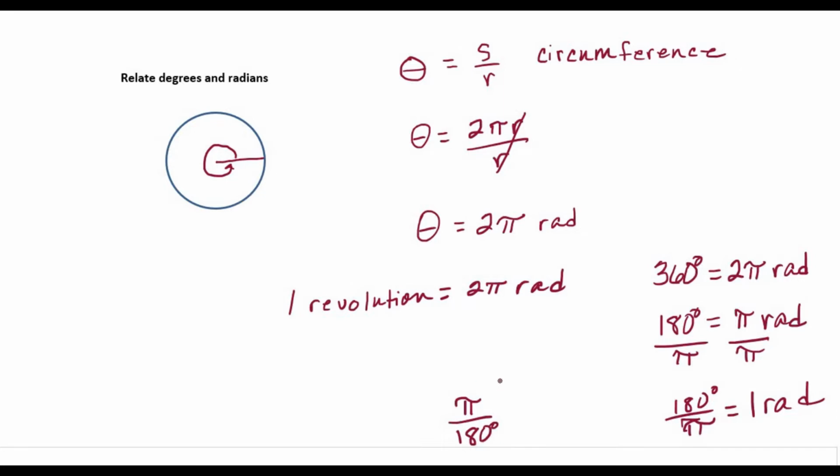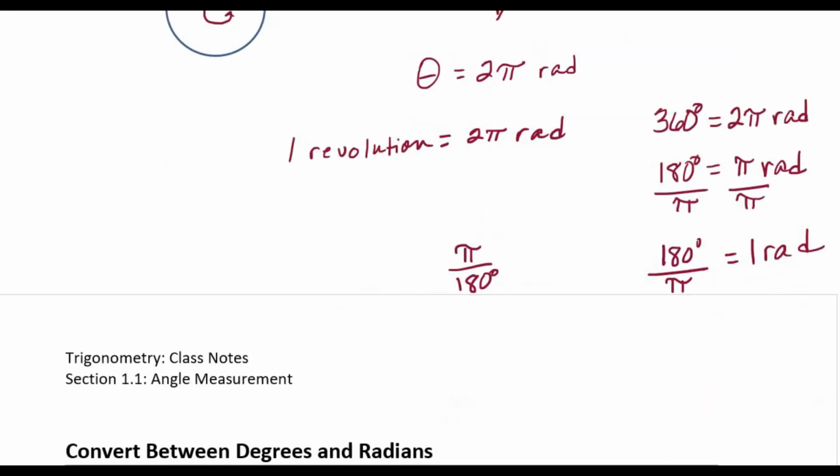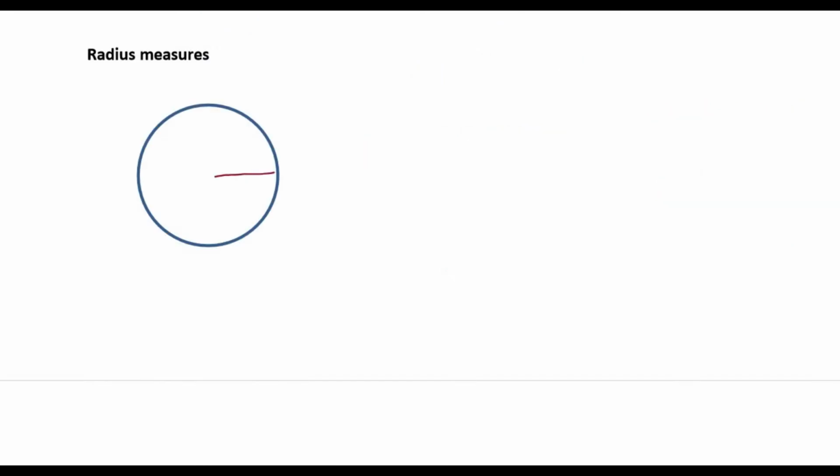This is the ratio that I would be using to convert degrees to radians. Now, I know that pi is approximately 3.14. So if I were to divide 180 by pi, I get approximately 57. So 1 radian is approximately 57 degrees.